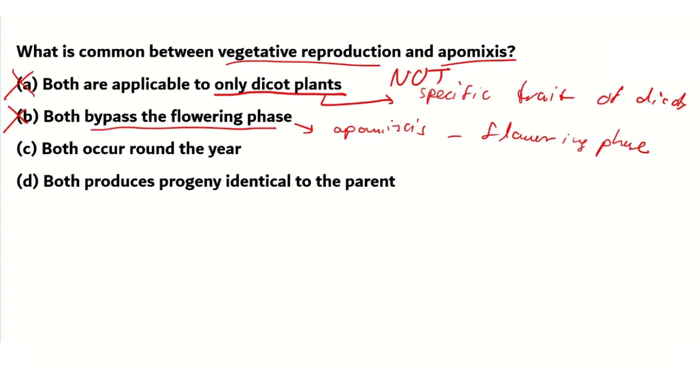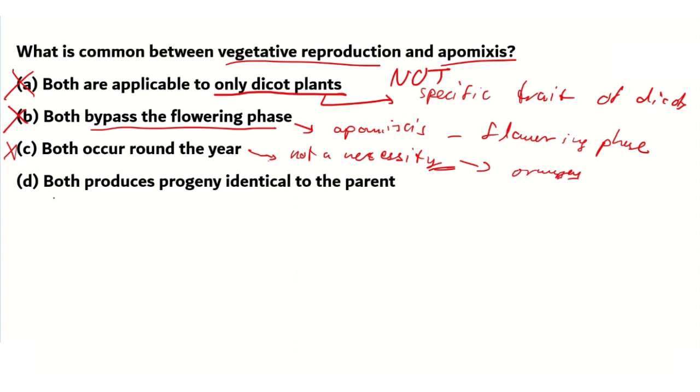So option B is incorrect, because for apomixis you need to have a flower. Now what about option C? Both occur around the year. This is not a necessity. Some of them do occur around the year, but others don't. So option C is incorrect. A great example for apomixis will be oranges. They only occur during the winters.